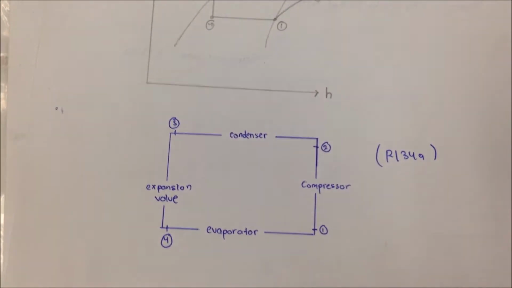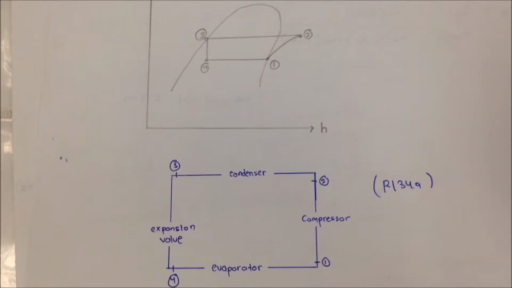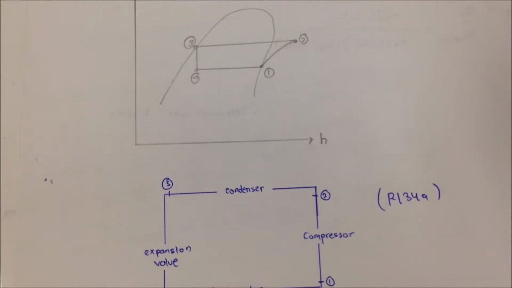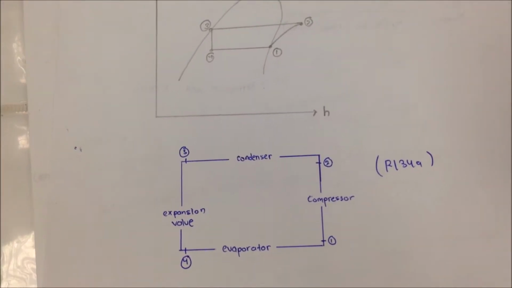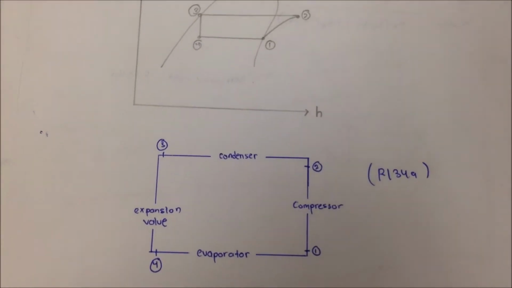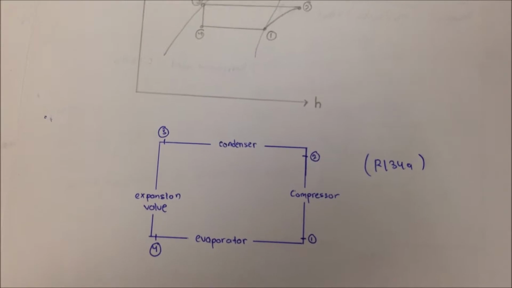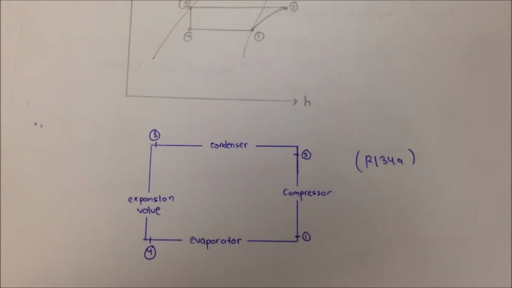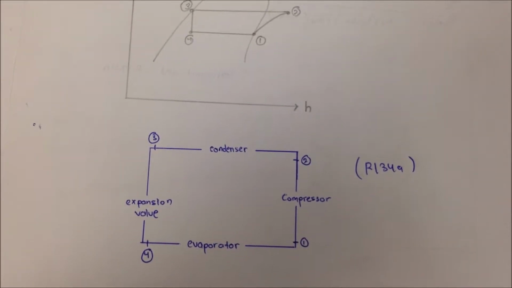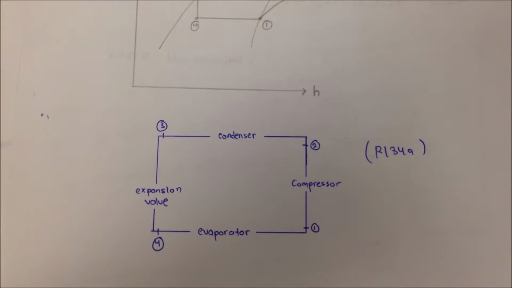Secondly, in the textbook, it says the refrigerant should have a saturation pressure of 1 atm or higher at negative 20 degrees Celsius in this particular case. Therefore, ammonia and R134A are such two substances. R134A is good to prevent any air leakage into the refrigeration system. That's why we choose R134A.